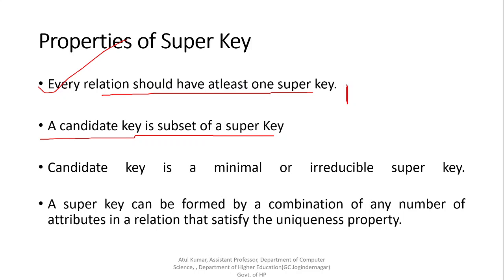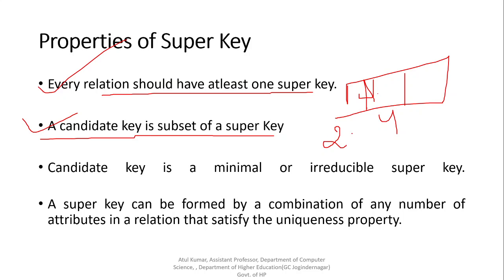So suppose we have a super key that is made up of 4 attributes, and in this line it is saying a candidate key is a subset of super key. And suppose we have a candidate key of 2 attributes.